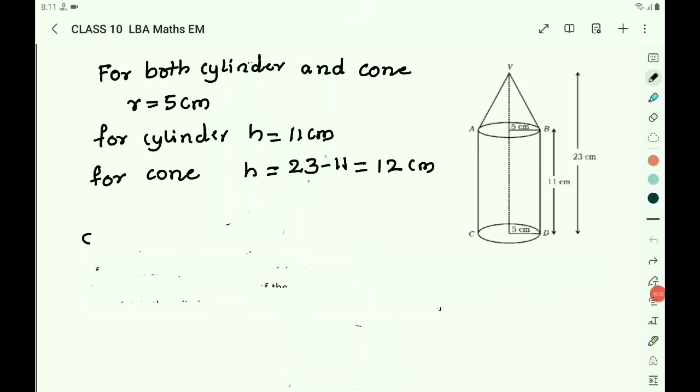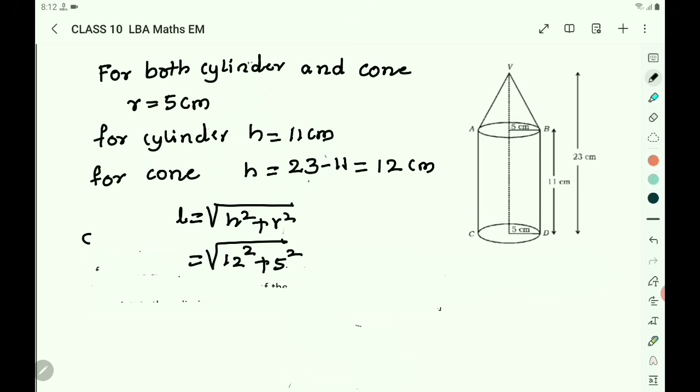To find the CSA of cone, l is required because CSA of cone is pi r l. To find l, we have to use the formula l equals root h square plus r square, equals root h for cone is 12, 12 square, r is 5, 5 square.